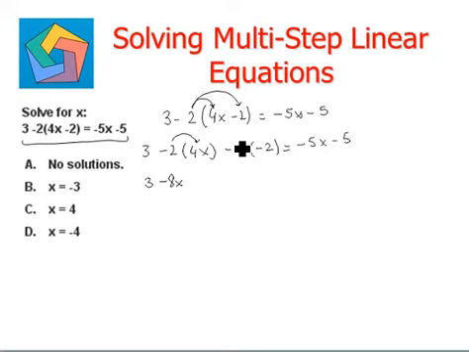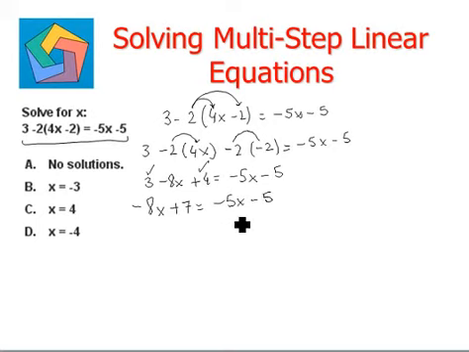A negative 2 times a negative 2 is a positive 4, equals negative 5x minus 5. Now we'll put the like terms together. 3 plus 4 is 7. So negative 8x plus 7 equals negative 5x minus 5.